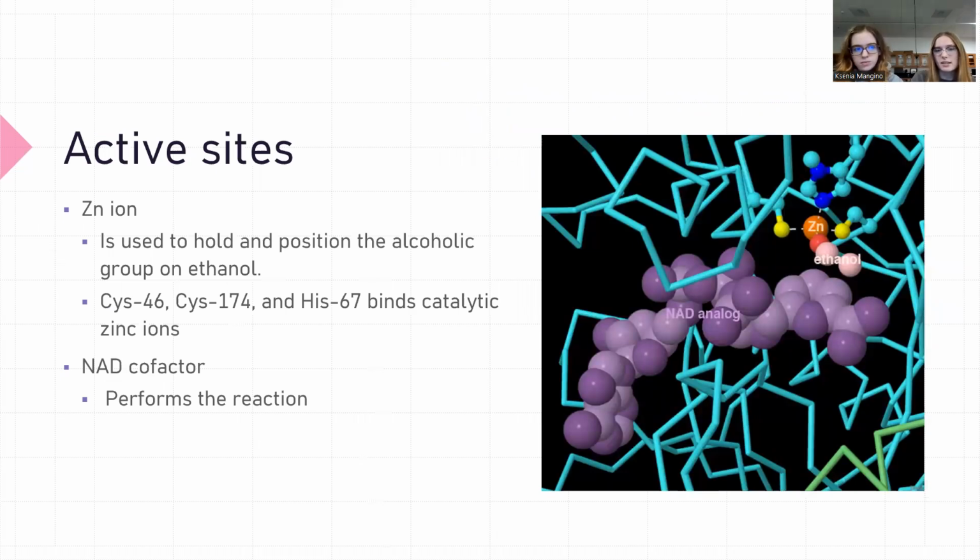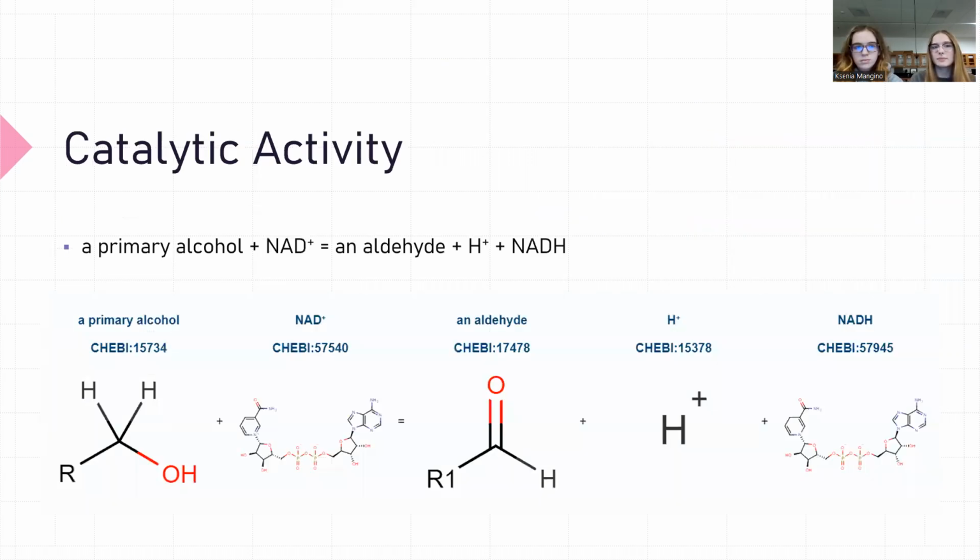There are 2 active sites in ADH. The zinc ion is used to hold and position the alcohol group on ethanol, with cysteine 46, 174, and histidine 67 binding the catalytic zinc ion. And then the NAD cofactor, which actually performs the reaction.